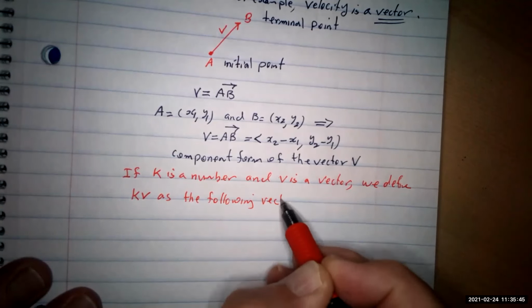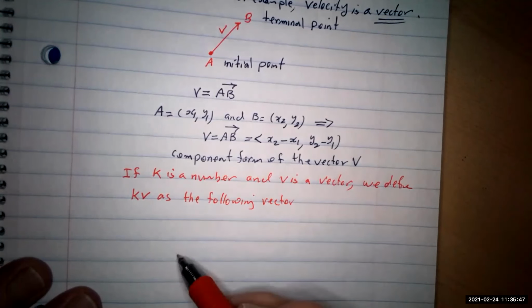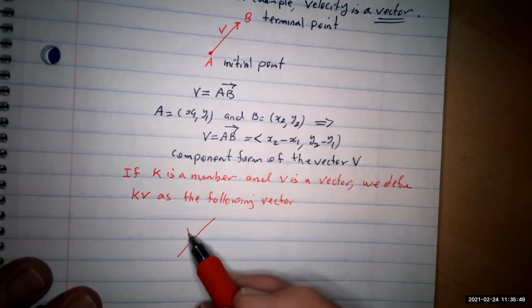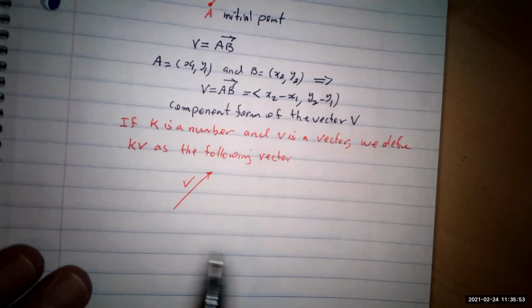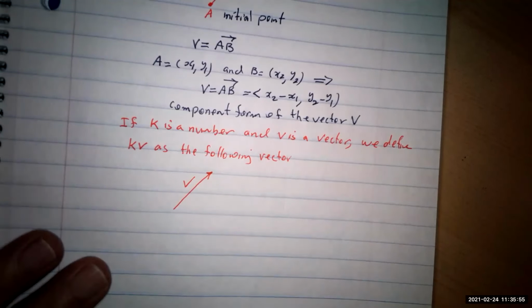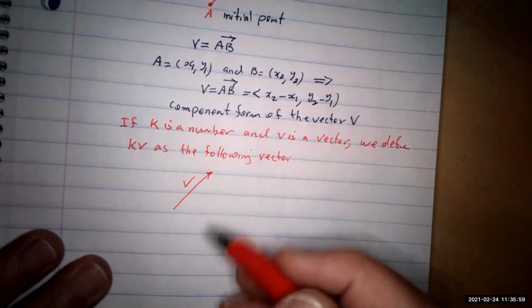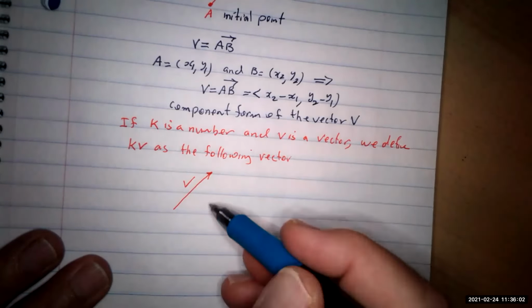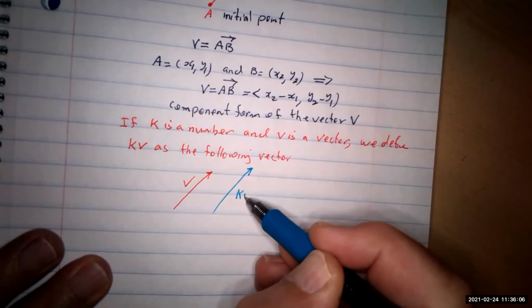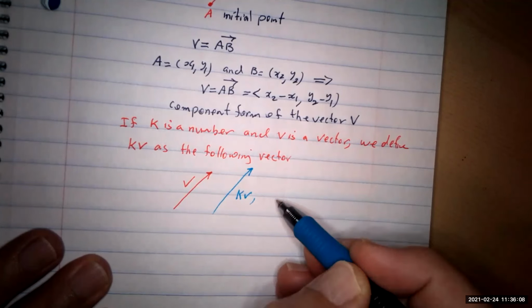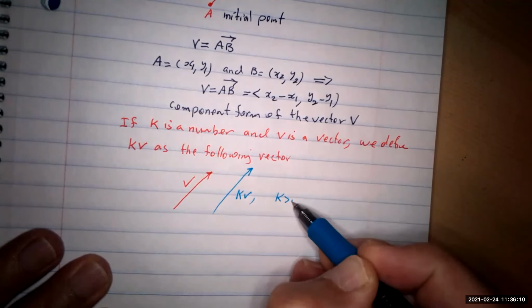If this is your vector v, and k is a number, you can multiply by 2, or by 3. If k is positive, this is going to be your vector kv. This is the case for k positive.